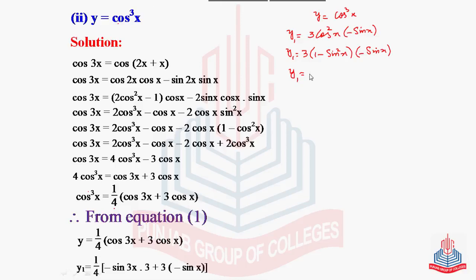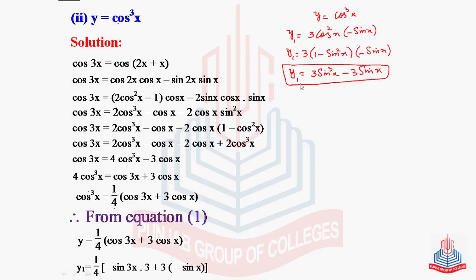So we have y1, which is 3 times (1 minus sine square x) multiplied by minus sine x, that will become minus 3 sine x plus 3 sine cube x. So this one is the first derivative. Now to differentiate this one, we will get our second derivative.